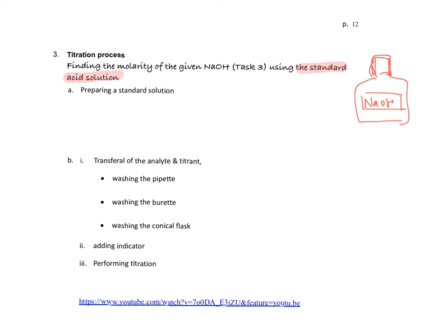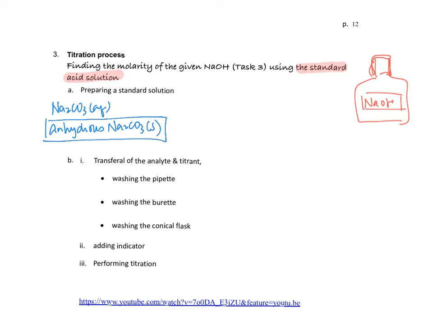Did you check what are the common primary standards that can be used in titration? Now, to standardize an acid, we can use sodium carbonate solution, and the sodium carbonate solution can be prepared from a primary standard anhydrous sodium carbonate. So this is one of the primary standards commonly used in titration.